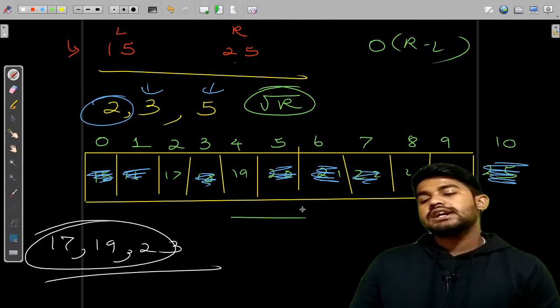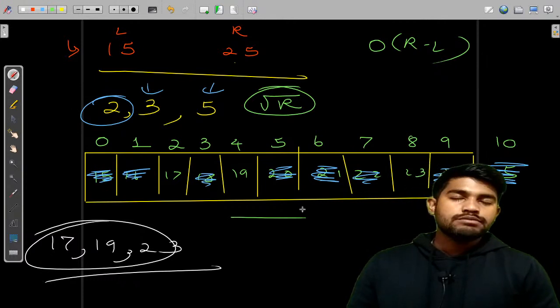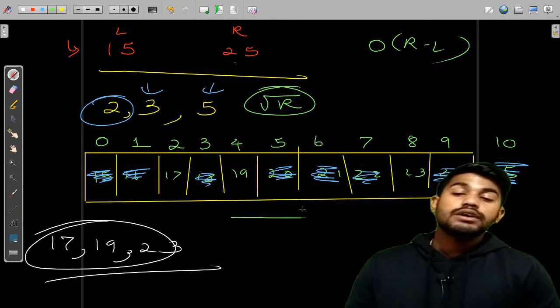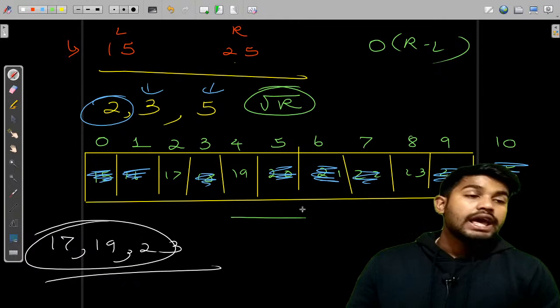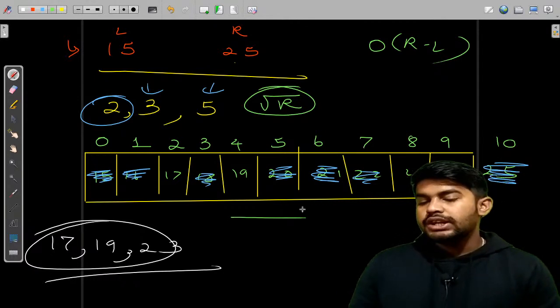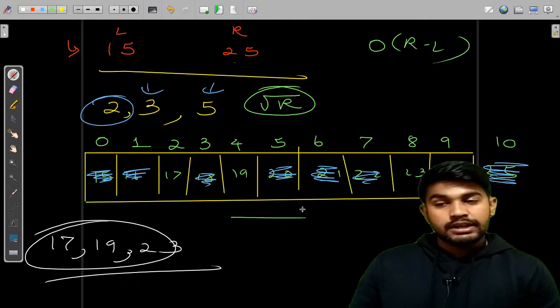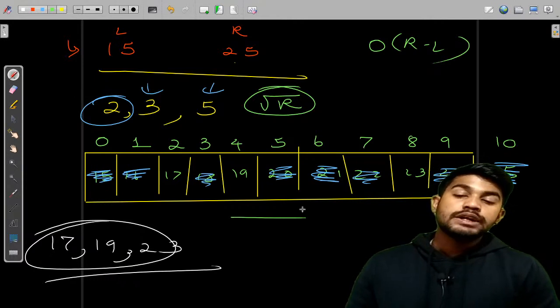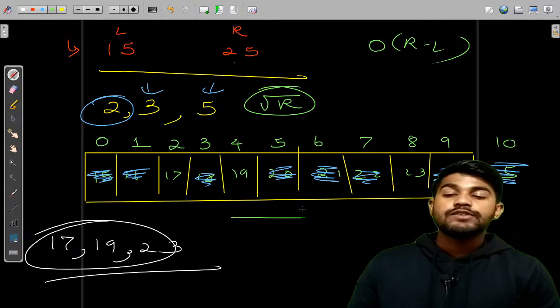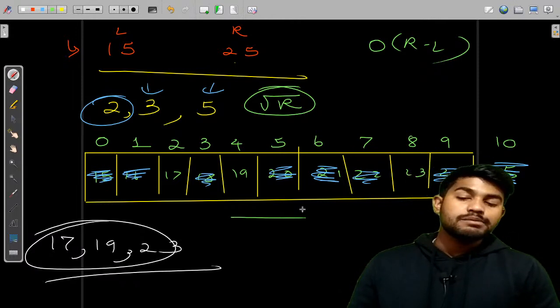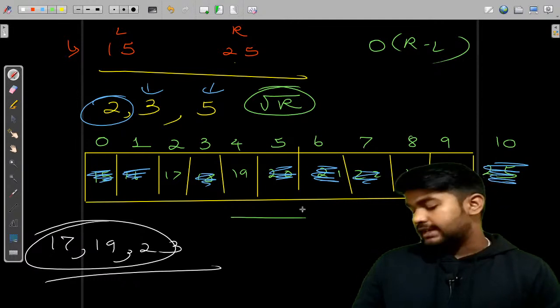See, first take out all the prime numbers less than or equal to the floor value of root R. Then do the sieve method, and map 0 with the values from L to R. Then you mark the multiples of the values that we got in the previous array. Whatever remains would be the elements that are prime in this particular range.